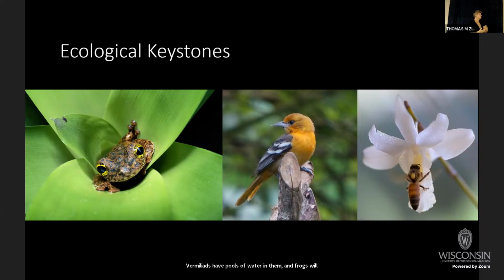Birds use epiphytes as food resources directly through berries that are produced on the plants, as foraging substrate for insects that they're eating, because the insects are attracted to the plants.